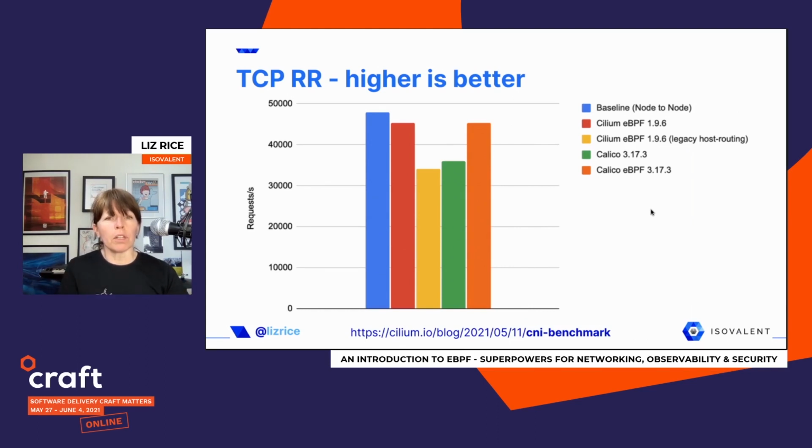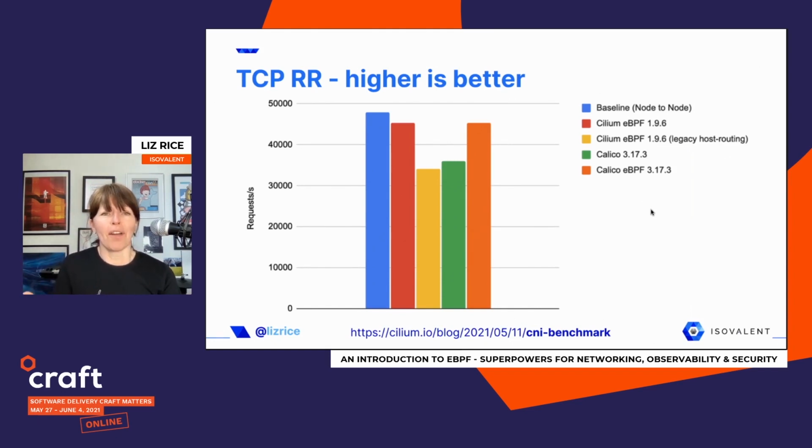And the yellow and green ones are, well, one of them has eBPF turned off, and one of them is a non-eBPF-based solution. As you can see, the eBPF bars are almost as fast as not having container networking at all. So we can achieve nearly the same throughput with eBPF-based container networking as with node-to-node networking.